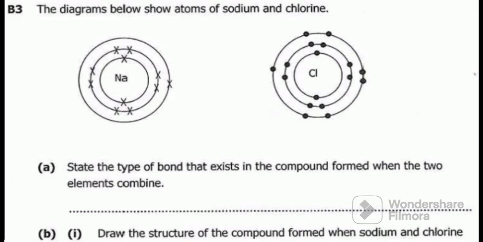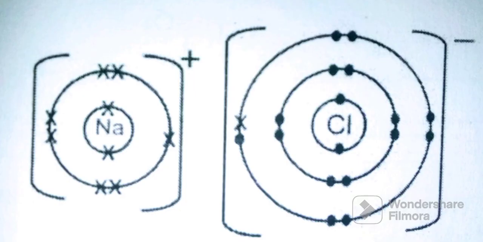So this electron in the outermost shell of sodium is going to be lost, and it is going to be gained by the outer shell of chlorine, since the outer shell of chlorine is only lacking one electron to obey the duplex rule. So this is the bond that is going to be formed, or the compound that is going to be formed.